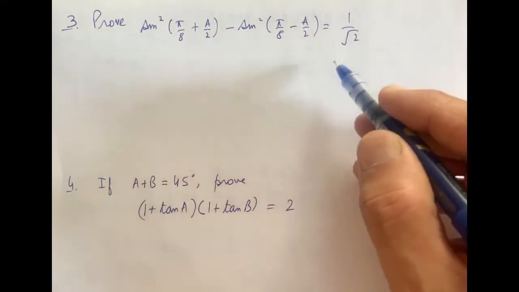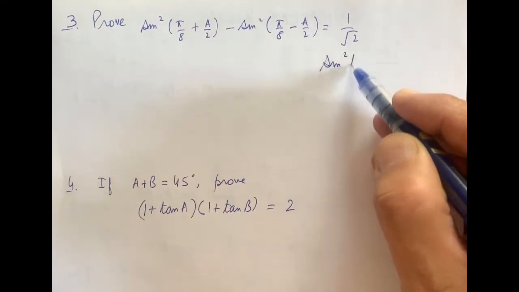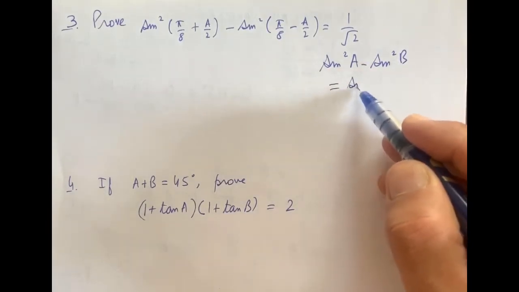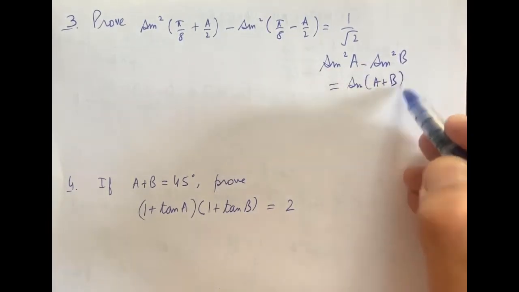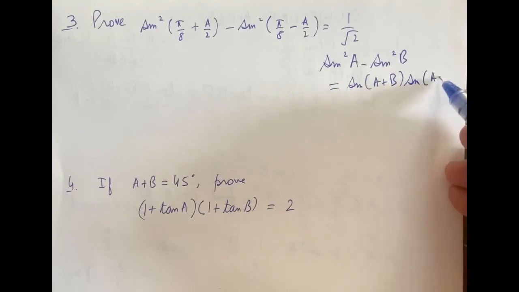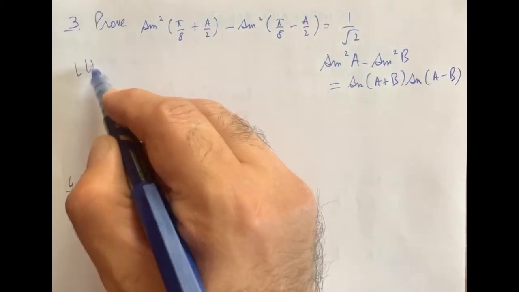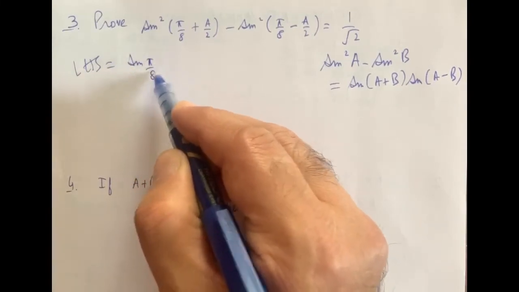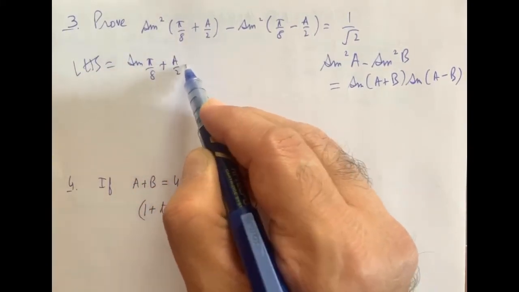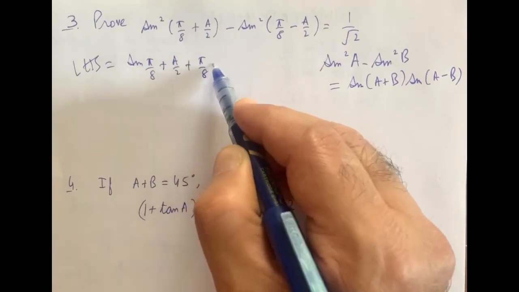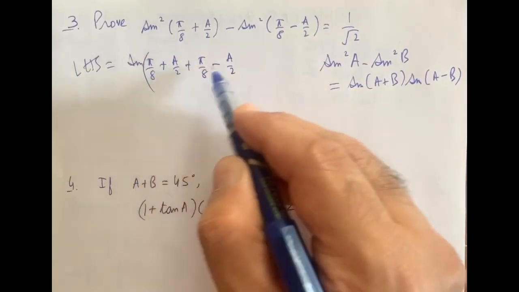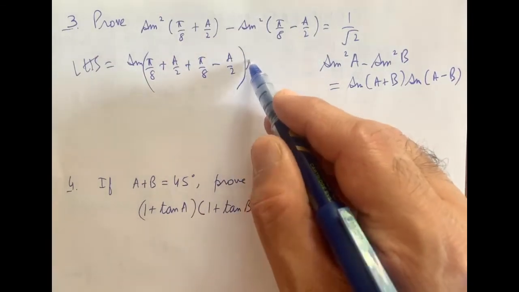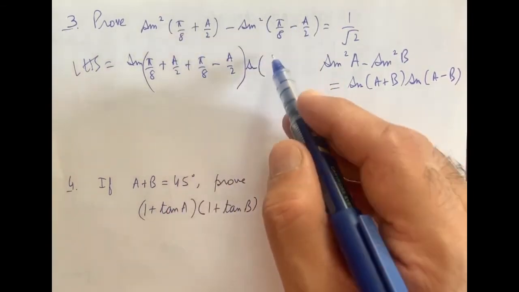We have to prove sin square of the first angle minus sin square of the second angle equals 1 by root 2 into sin A. So we know sin square of A minus sin square of B is equal to sin of A plus B into sin of A minus B. So we write the left hand side as sin of pi by 8 plus A by 2 plus pi by 8 minus A by 2 into sin of pi by 8 plus A by 2 minus pi by 8 plus A by 2.